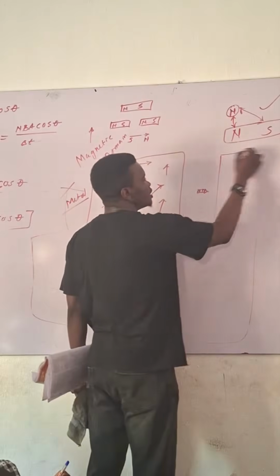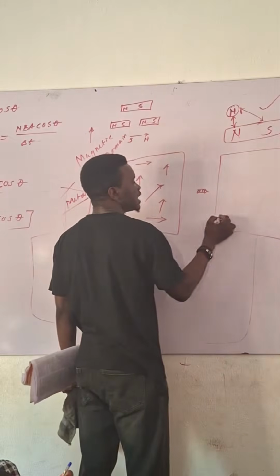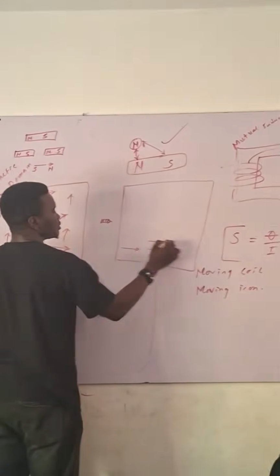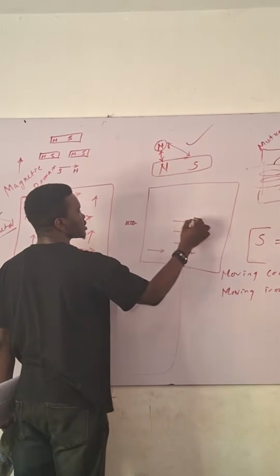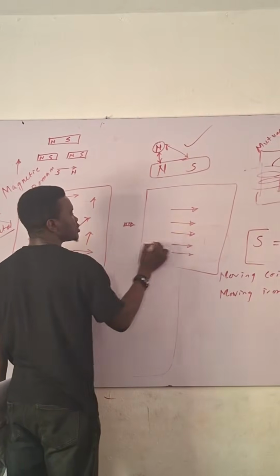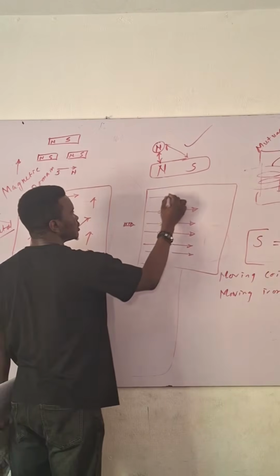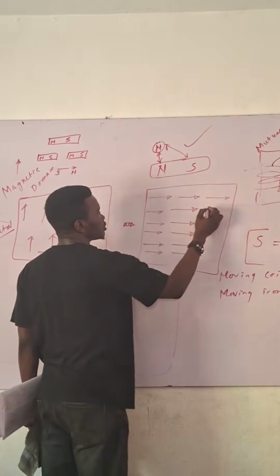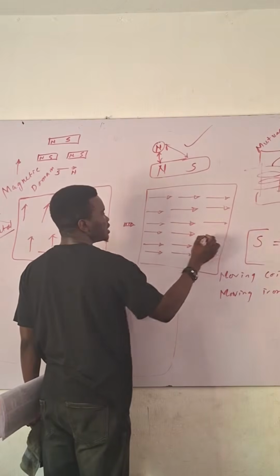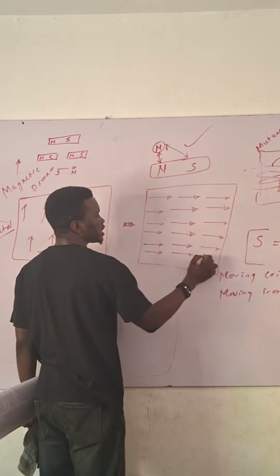If all this domain aligns like this in a particular direction, all parallel to each other, then you have what we call a magnet. Then this can behave properly like a magnet.